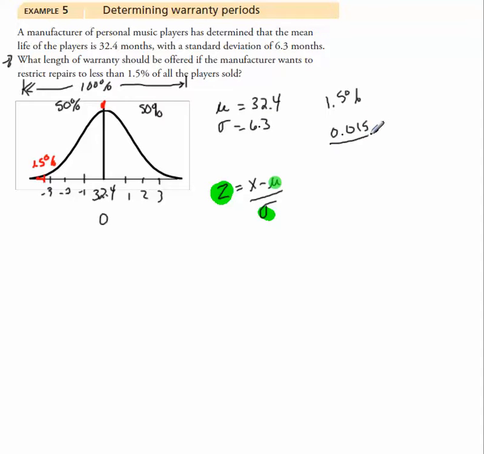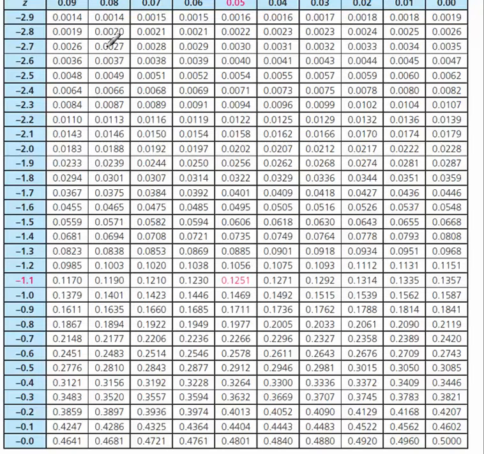We need to change that back to a decimal number. So 0.015. Remember to change percent back to a decimal. You divide by 100. And we are below the mean, so we use our negative z-scores. And we're looking for 0.015. Okay, that's right here.